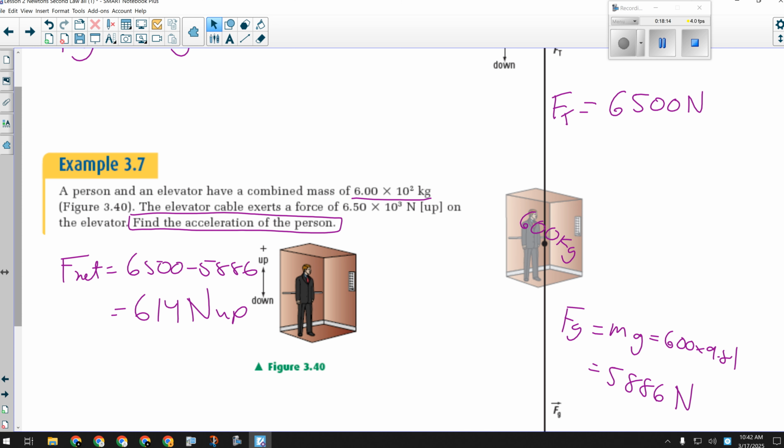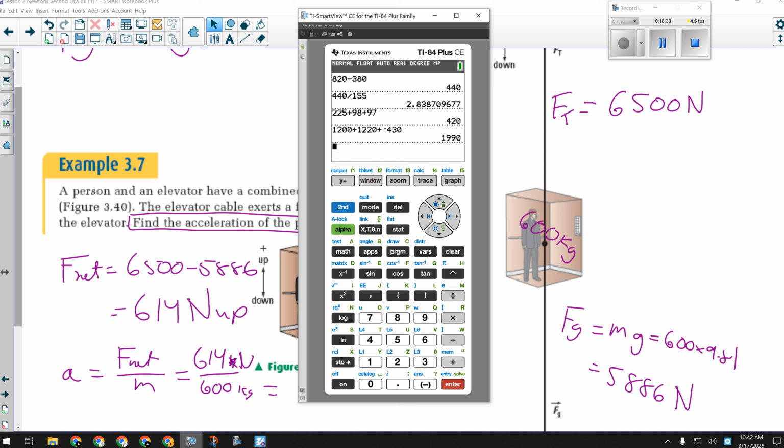Can I calculate the acceleration of the person and the elevator? F net over m, that's going to be 614 divided by 600. So this is newtons up here divided by kilograms. That'll give us meters per second squared.